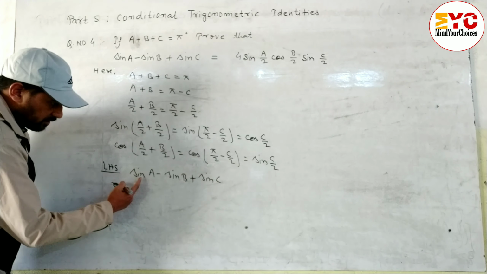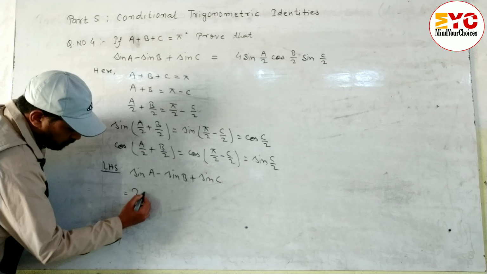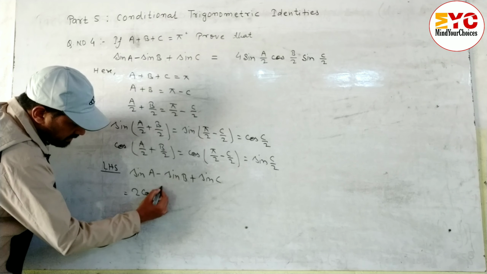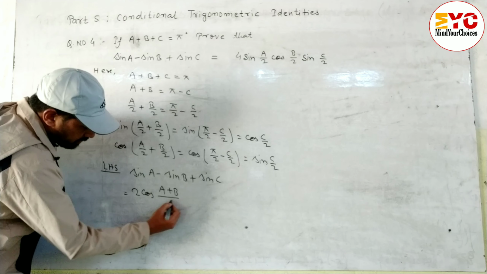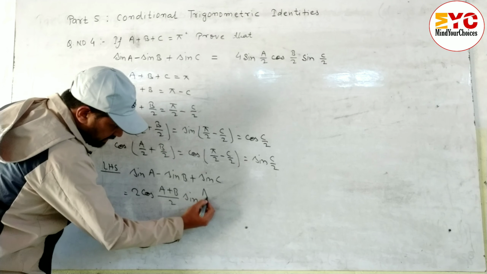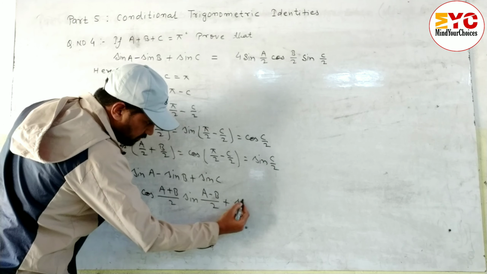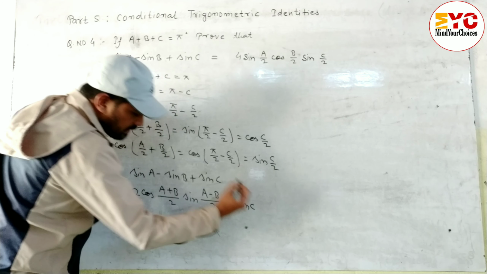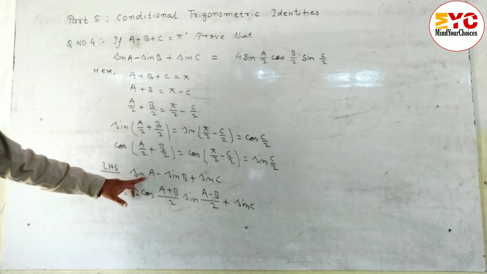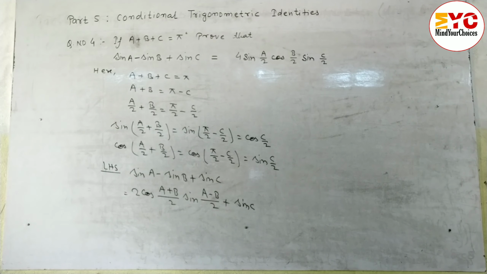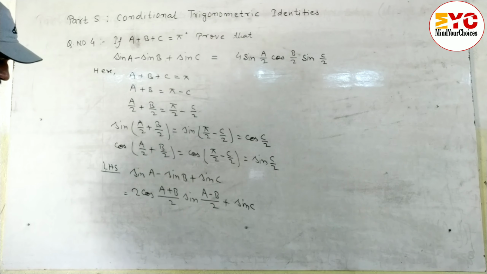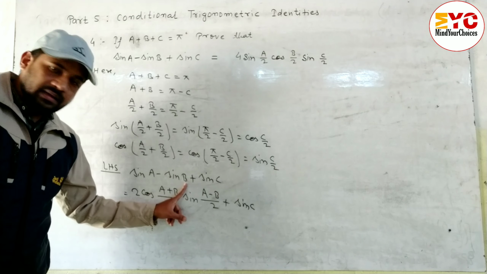Hope you know the formula of sine C minus sine D. So 2 cos of A plus B by 2 sine of A minus B by 2, plus for sine C we have to use 2 sine C by 2 cos C by 2. Here C means A, D means B.